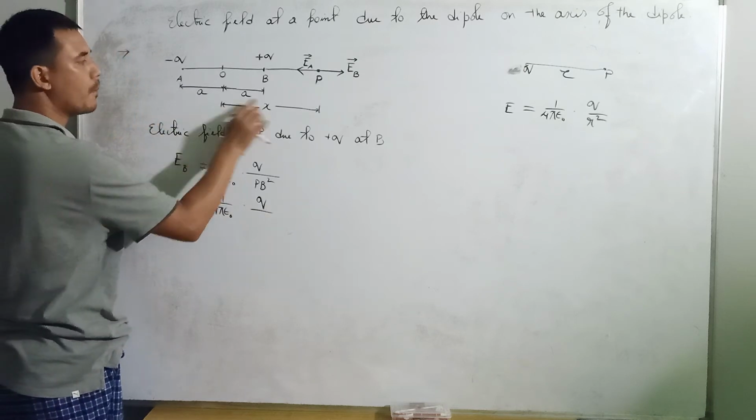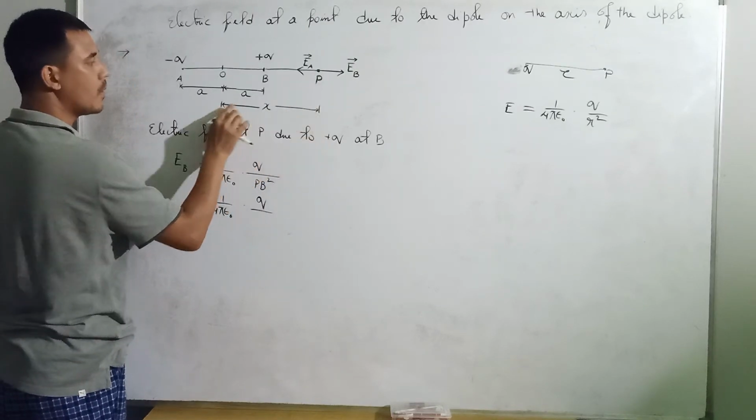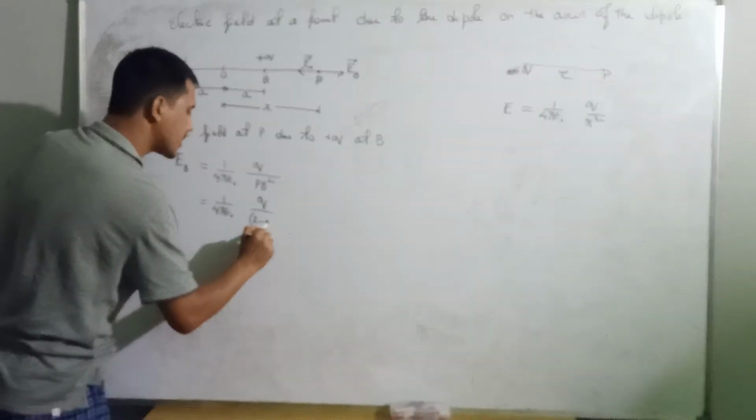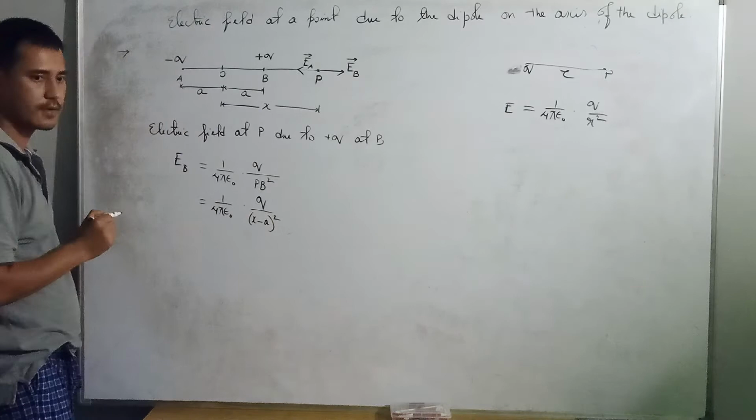PB means OP minus OB, so that is (x minus a) whole squared. Are you getting me?